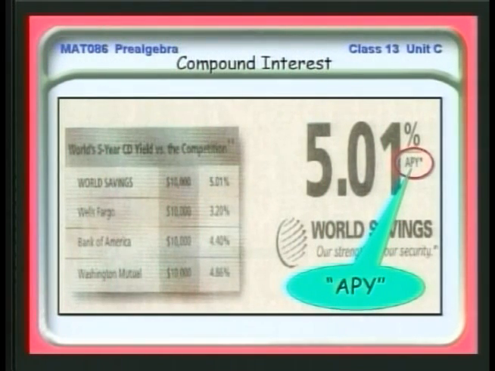Often you'll see this, annual percentage yield, 5.01 on an ad or something, and when you see APY, what they do is calculate the interest for compound interest as if it were simple interest. So it makes it seem larger to you, because how much simple interest would you have to be paid to get the same as a lesser amount of compound interest?